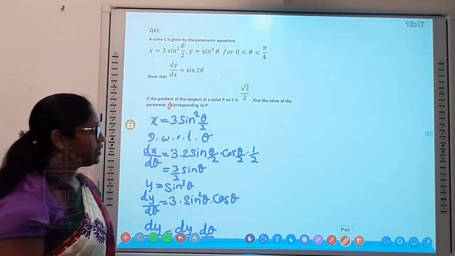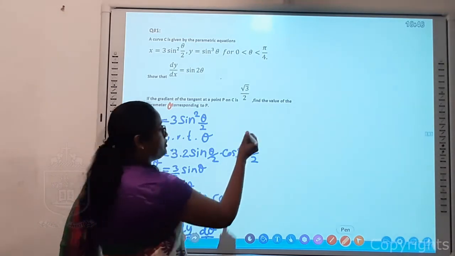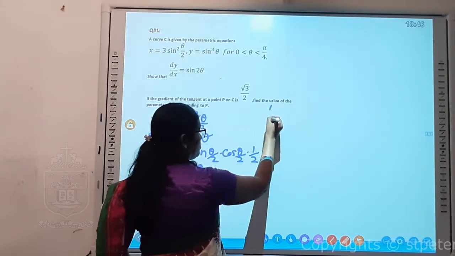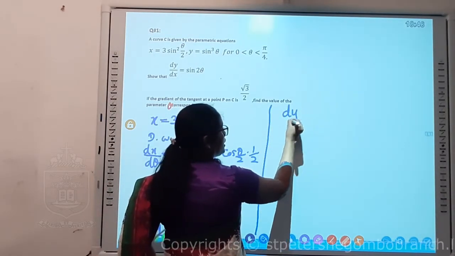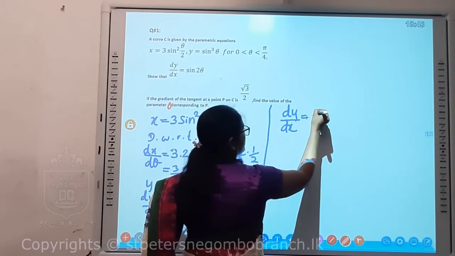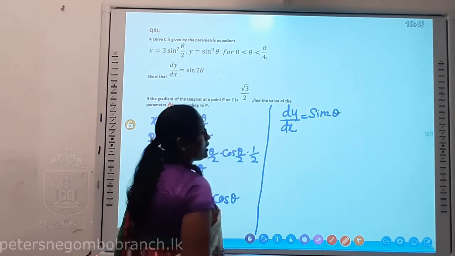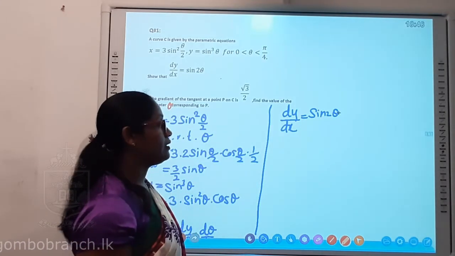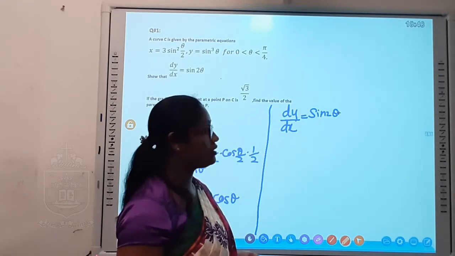The value of the gradient is given. What we found previously in this question is dy over dx equals sine 2 theta. This function describes the gradient of the tangent drawn to the curve.